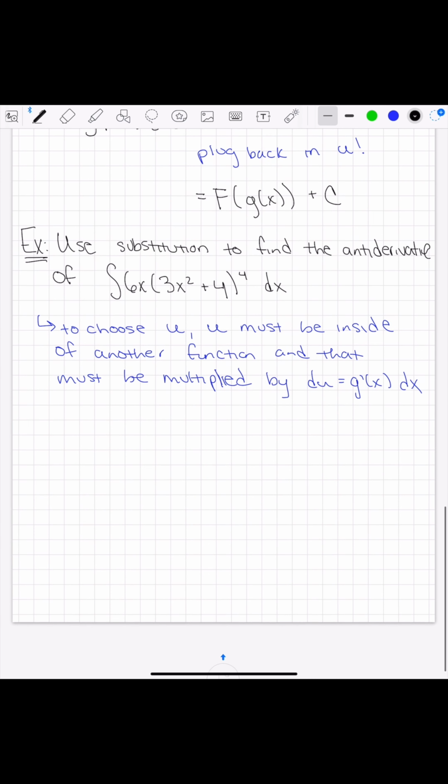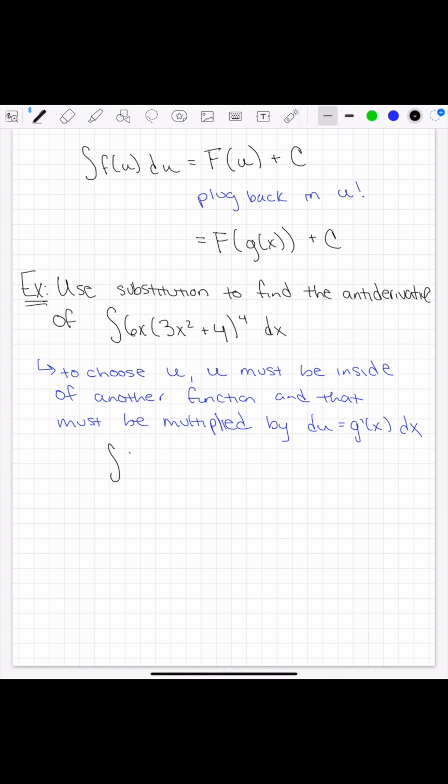So if I wanted to choose my u for this example, would 6x be a good choice? 6x would not be a good choice because that's not plugged into any other function. My other option would be this function, which has on the outside, and I'll use O of x to denote that it's the outside function, x to the 4th, and then I of x for the inside function is 3x squared plus 4.